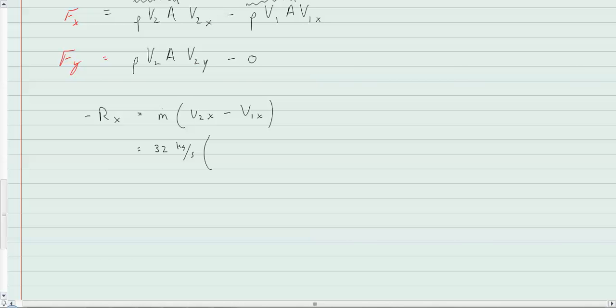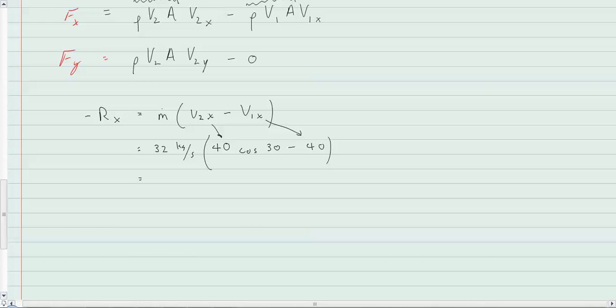V2x would be the same velocity coming in, as we said at the start, it doesn't change, times the cosine of alpha, which in this case is 30 degrees, minus 40, direct substitutions.